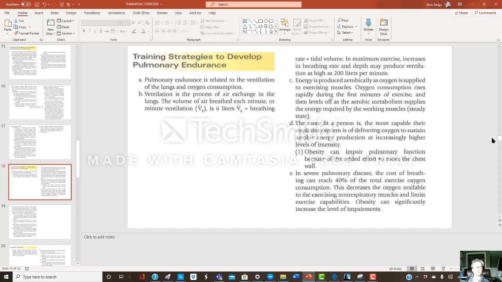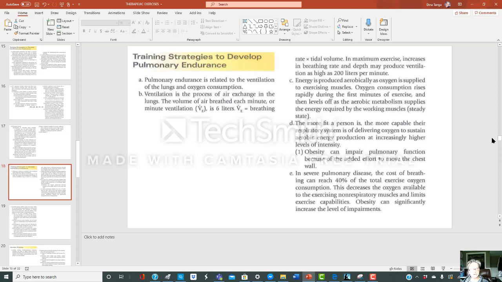Training strategies to develop pulmonary endurance. Pulmonary endurance is related to the ventilation of the lungs and oxygen consumption. Ventilation is the process of air exchange in the lungs. The volume of air breathed each minute, or minute ventilation, is 6 liters.